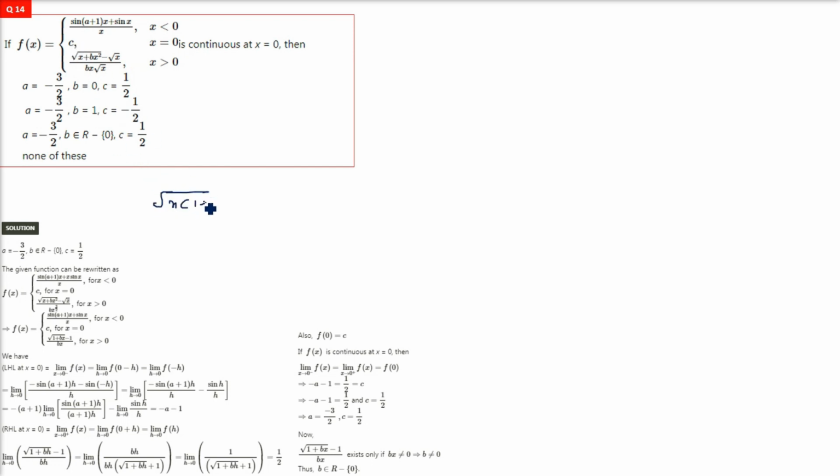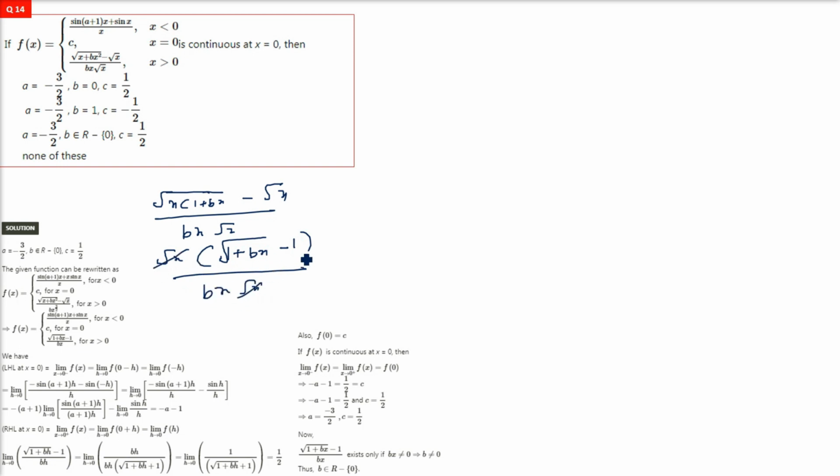This is x plus bx square minus under root x divided by bx under root x. So under root x into, we have already done with h. I am just repeating it again. So 1 plus under root bx minus 1, the bx cancels, under root x will be there. So 1 plus bx minus 1 divided by bx.